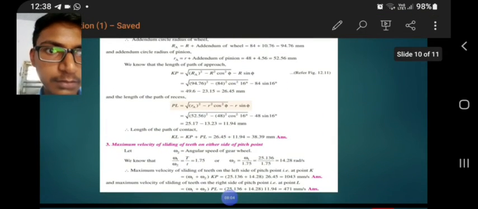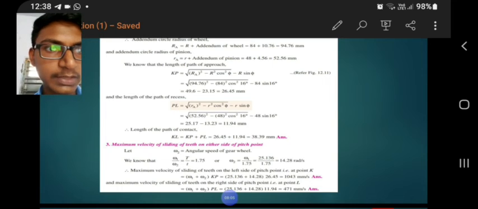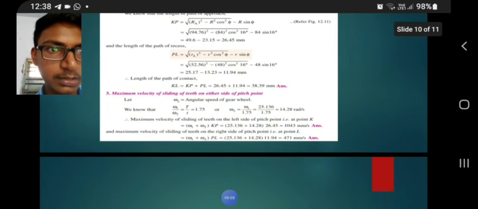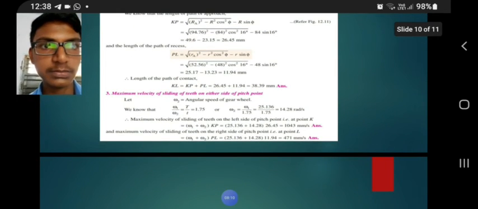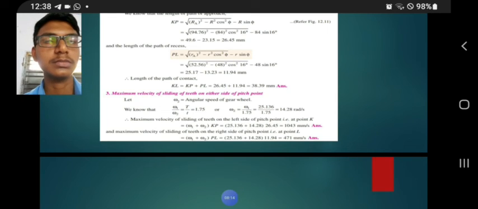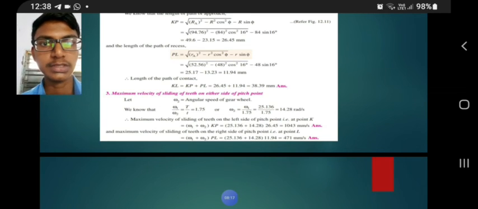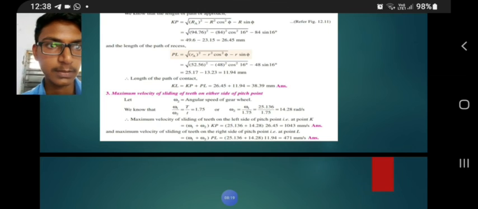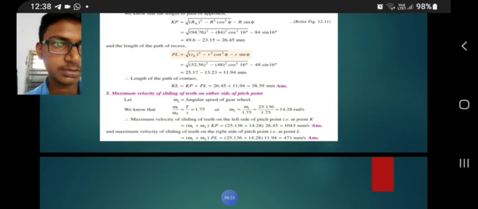Finally, we are going to find out the maximum velocity of sliding of teeth on either side of the pitch point. Omega 1 is the angular speed of the gear wheel and omega 2 is the angular speed of the pinion. Omega 1 by omega 2 is equal to capital T by small t, which is equal to 1.75.